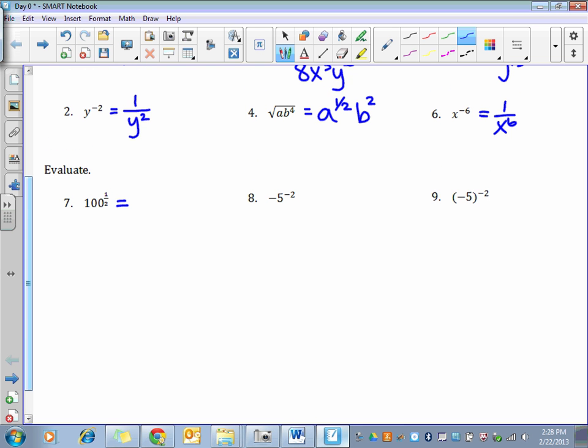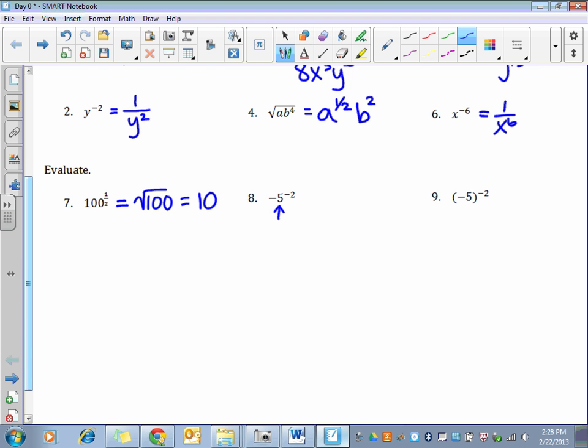100 raised to the 1/2 exponent. Again, that half exponent really means the square root. It's the nth root. So this is really the square root of 100, and I know that that must be 10. If we look at number 8, notice that what's being raised to the negative 2 power, the base, is just 5.